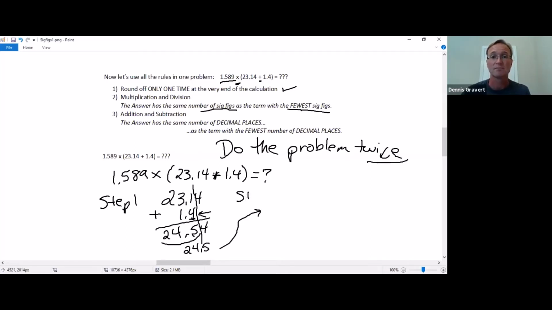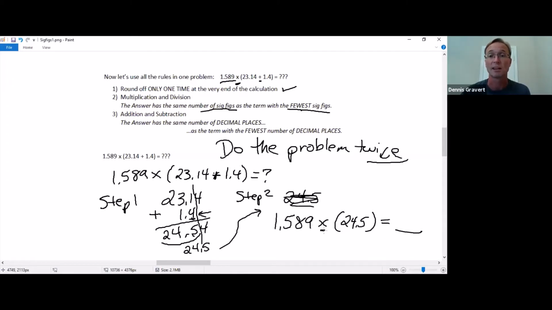Step 2. 24.5. What are we going to do with that? Go back to the problem. It's 1.589 times the answer inside the parentheses, which if I were allowed to round off, I'm not, but if I could, it'd be 24.5. And then I would tell the calculator, hey, I need to get an answer here with how many sig figs?